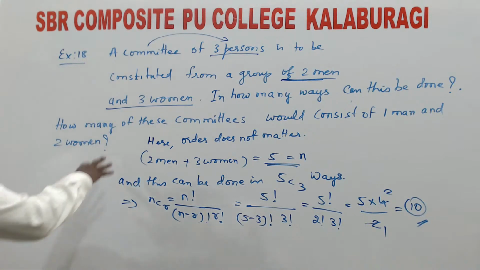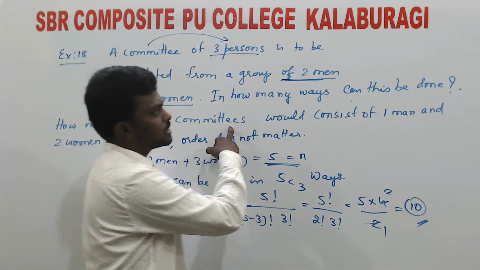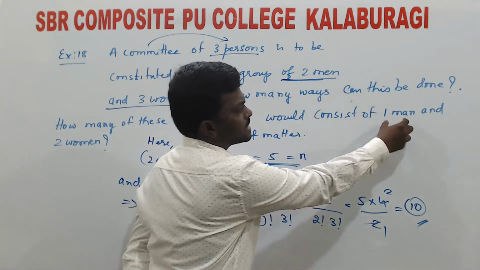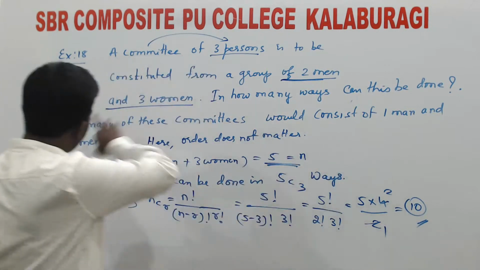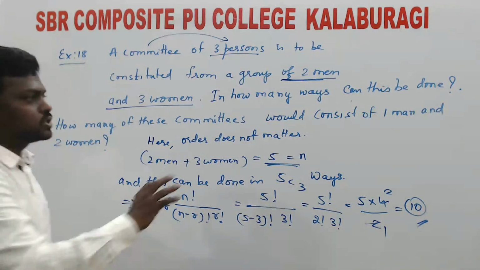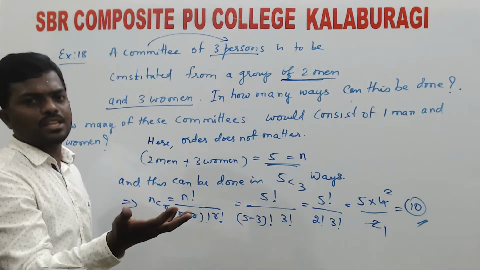The second part is how many of these committees would consist of one man. That committee should have one man and two women compulsorily. Look here, one man and two women account for three persons, right? That's what they are asking.